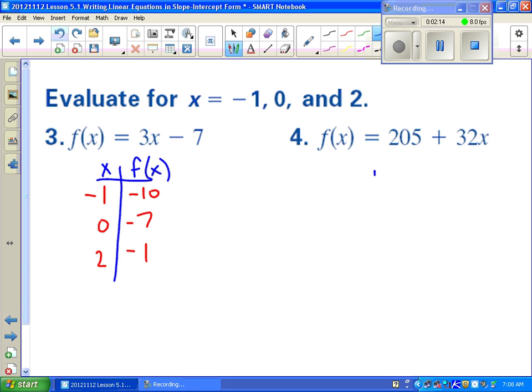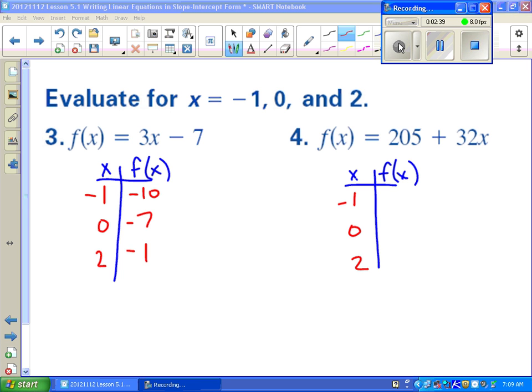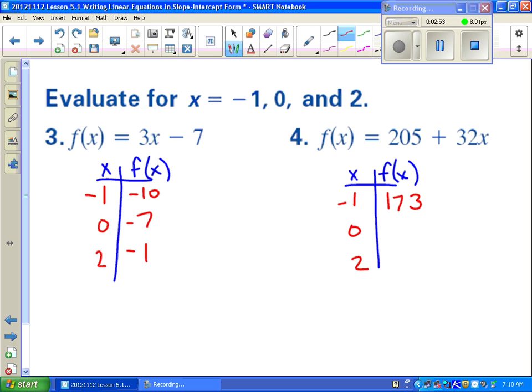Again, we can do the same thing for this next one. Looks like we have slightly bigger numbers, but it's not going to really change what we're doing. We have x and we have f of x. Remember, x or y. The three values we're going to use are negative 1, 0, and 2. 32 times negative 1 is negative 32, and negative 32 plus 205 is 173.